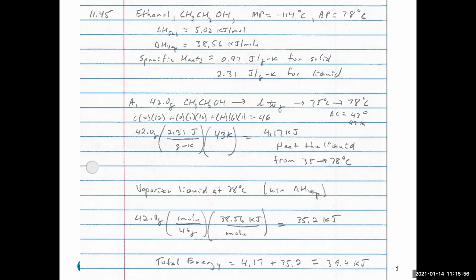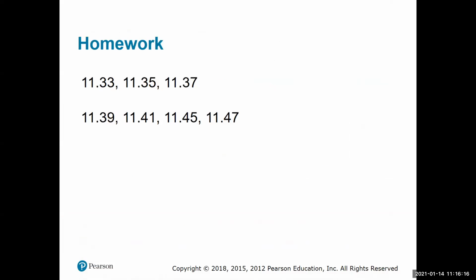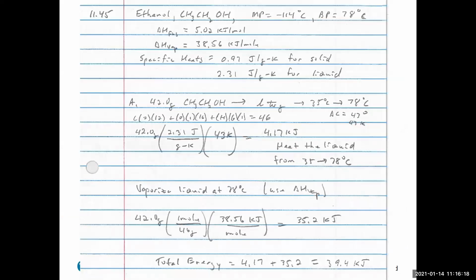So once again, going back to this plot, 35 would be here, is above our freezing point that we had, and then we're going to go up to our boiling point. So the first thing we do is we go ahead and we're going to see what this delta in temperature is, because we know we're going to need that information.